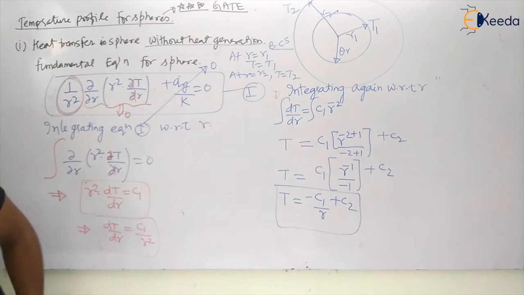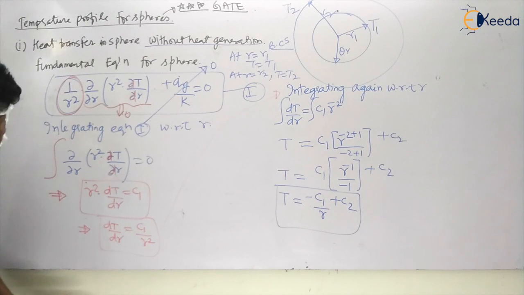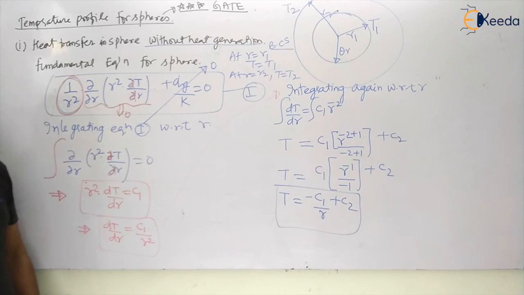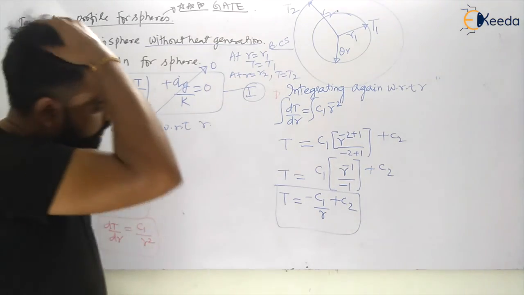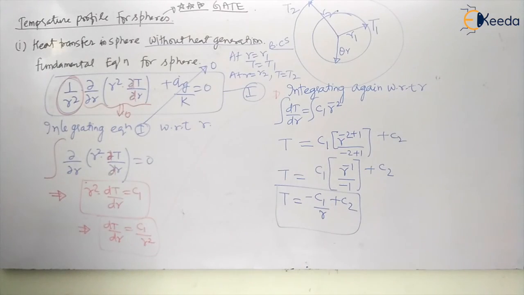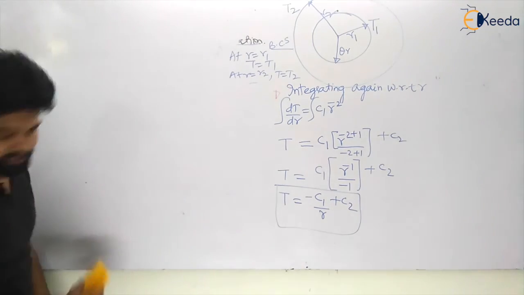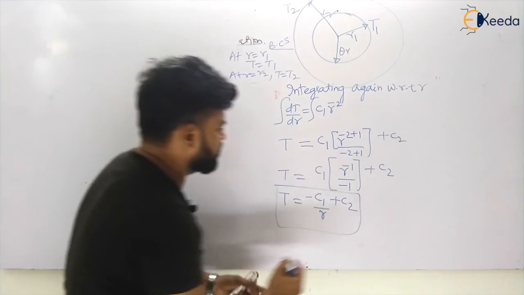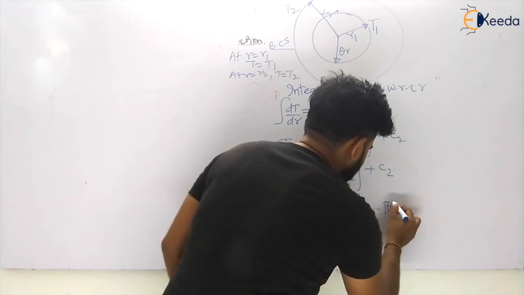Let us understand it carefully. Now let us see, when I put boundary conditions, what will happen? Let us take this as equation number 3.